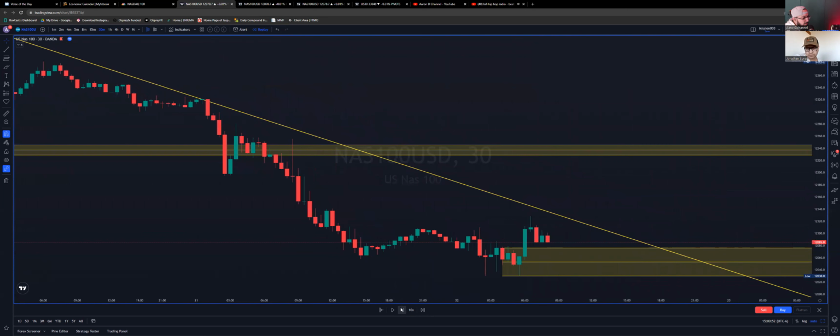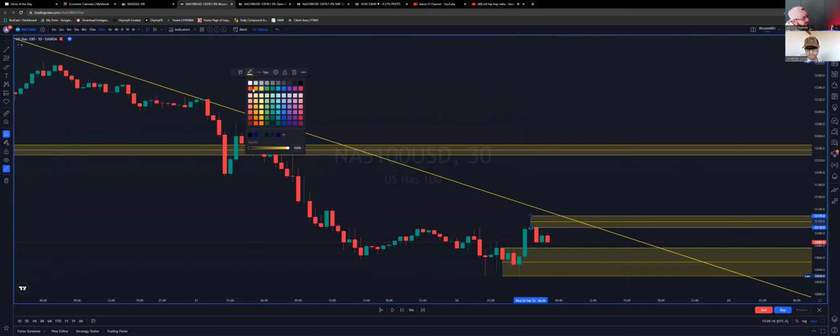This is all in retrospect, but while this is printing in real time, you're seeing that there is also on the 30-minute, which is something that we look for, this kind of wick sitting right here that we could mark up with what? A wick fill, right? And because it's on 30-minute, I like to use red. So we got 4-hour using yellow, 30-minute using red, but doing pretty much the same thing: marking up wick fill.